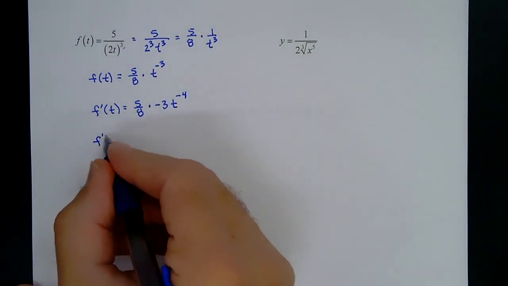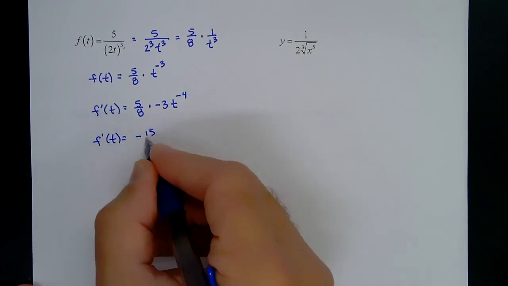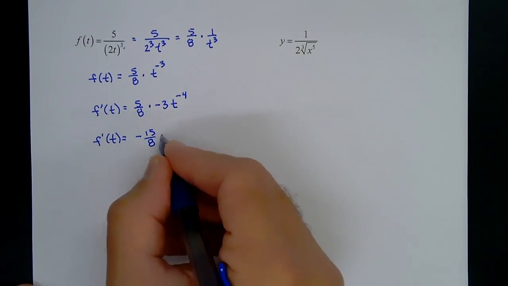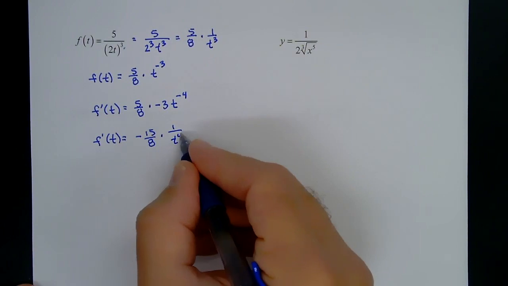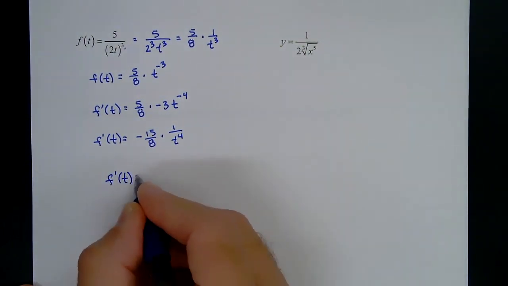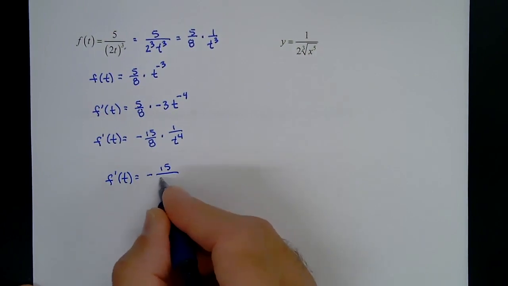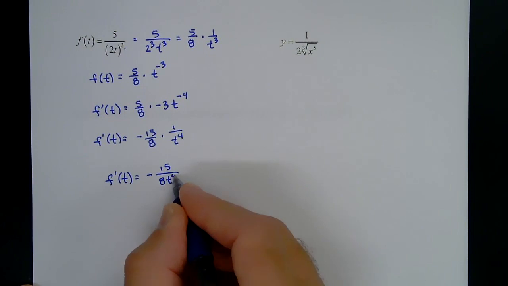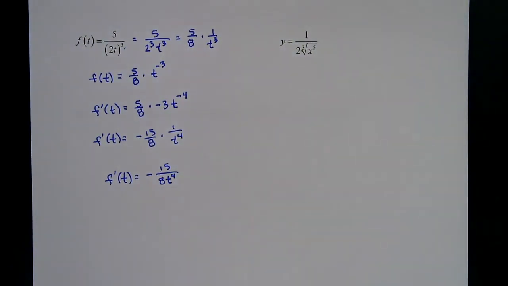So that makes f prime of t equal to negative 15/8 times, and this t to the negative 4 becomes 1 over t to the 4th. So our final answer would be written as f prime of t is equal to negative 15 over 8t to the 4th. And if you had the negative up with the 15, that'd be fine. No big deal.